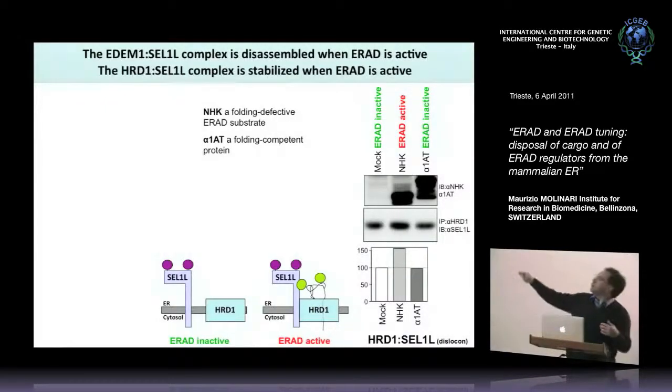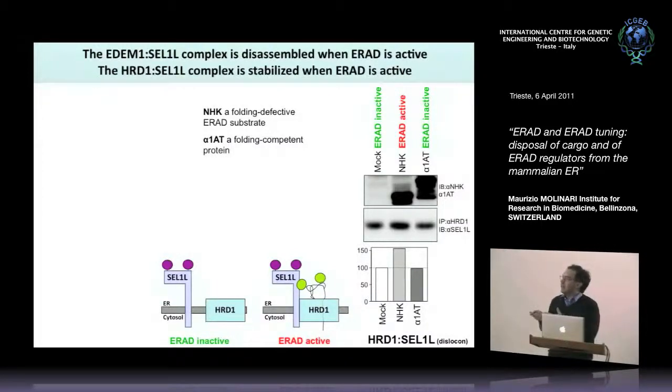If we put in the same amount of folding-competent protein, which is not misfolded and can be secreted, the amount of complex goes back to normal. So the amount of this complex involved in degradation increases when the degradation machinery is active, but is lower when the degradation machinery is inactive. So at steady state, you disassemble the complex, but when you need it, you assemble it. It's more stable.